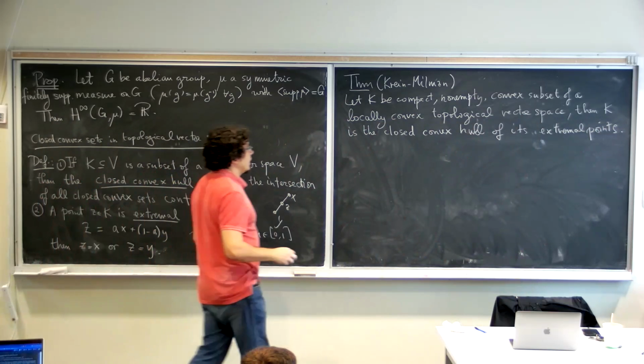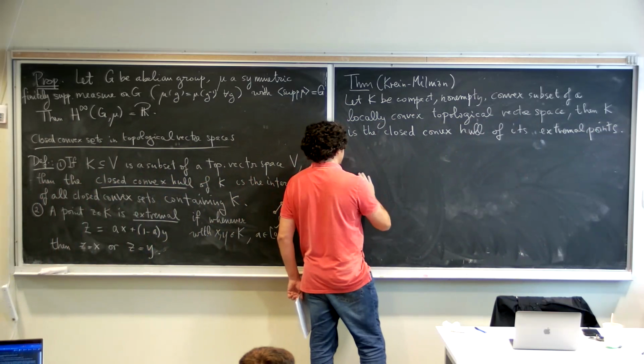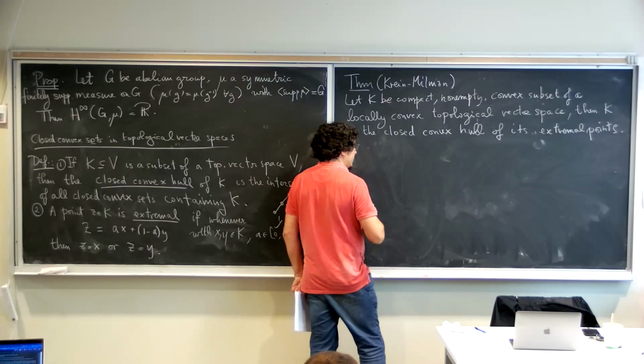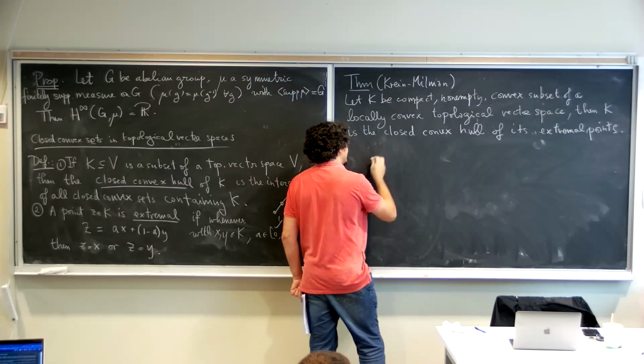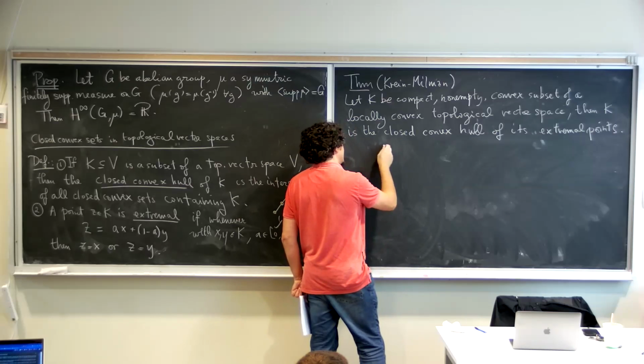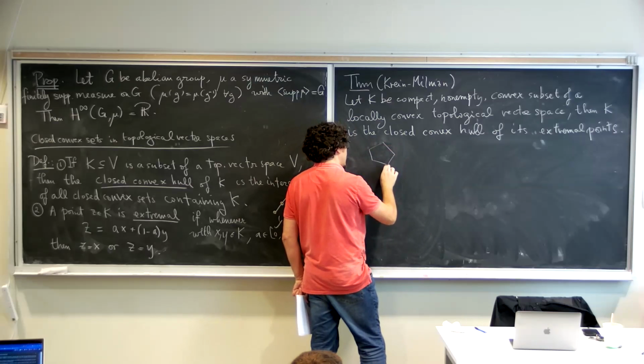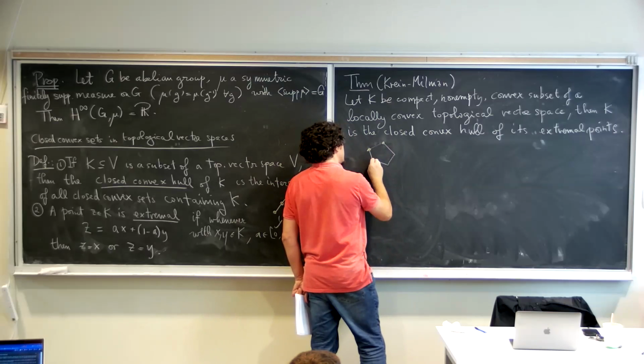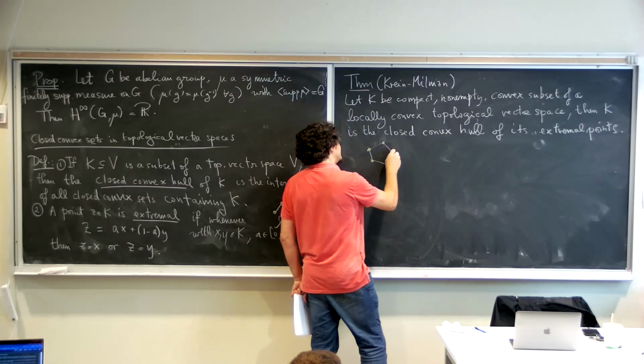Of course, this is somewhat simple to think about in R^n. You have a convex shape, and you have extremal points that are finite if you get a polygon.